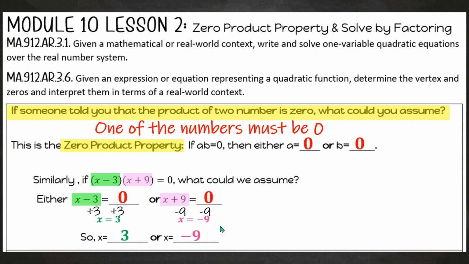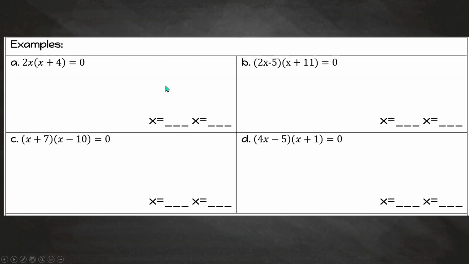So that is what we call the zero product property, and that helps us to solve our quadratic equations. We're going to try some different examples here. Here I have 2x multiplied by x plus 4. So here I have two factors, two things that are being multiplied together, and they're equal to 0. I have to take that first factor, 2x, and set it equal to 0.